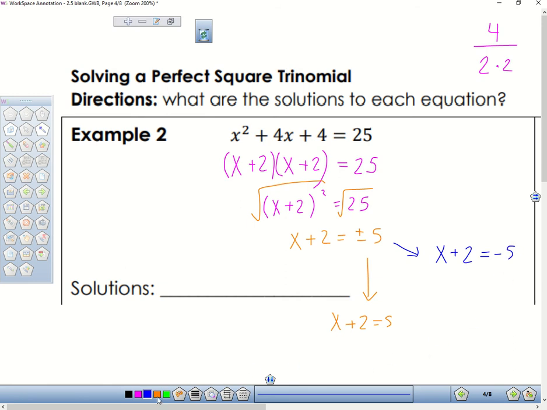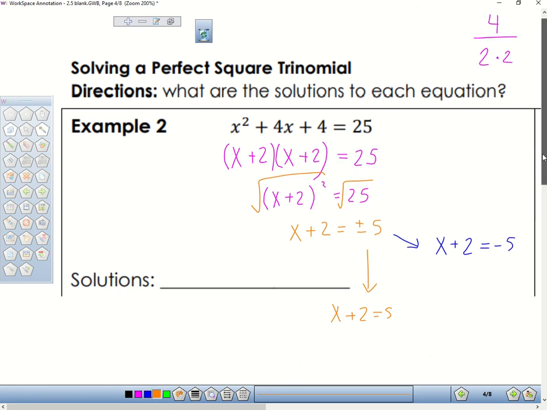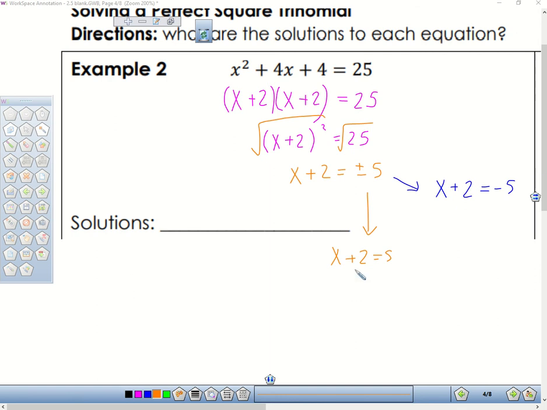And now we're just going to solve each of those equations for x. So I subtract 2 on both sides. That gives me x equals 3. And over here I subtract 2 on both sides, which gives me x equals negative 7. And those would be my 2 solutions.